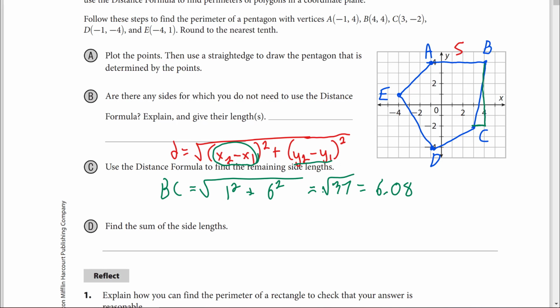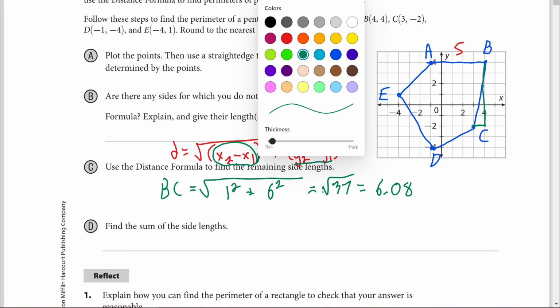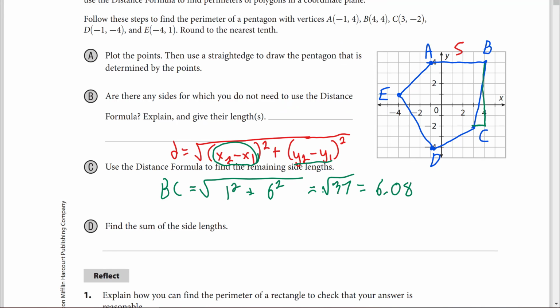Let's say I were going to do it for CD, and we'll go ahead and use the actual distance formula for that, and you'll see it ends up being the same outcome. CD, if I use my coordinates, I'm looking at -1 minus 3 squared plus -4 minus a -2 squared.